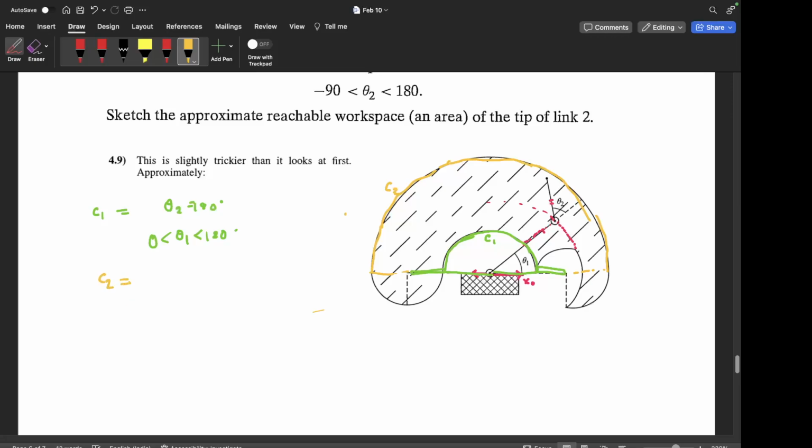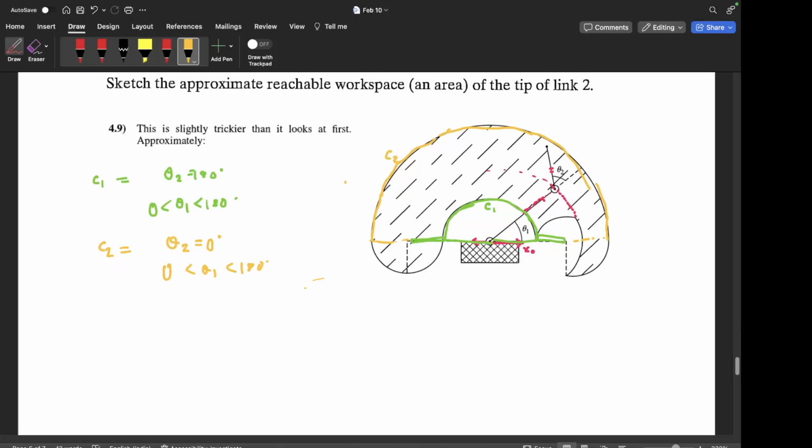So C2 is theta 2 0 degree and theta 1 varies from 0 to 180, right? So that is, two edges which you would also have guessed how are they being generated, that we did.